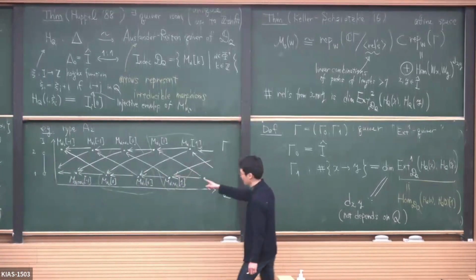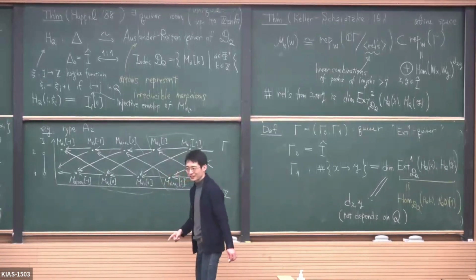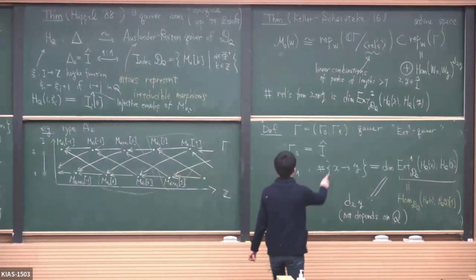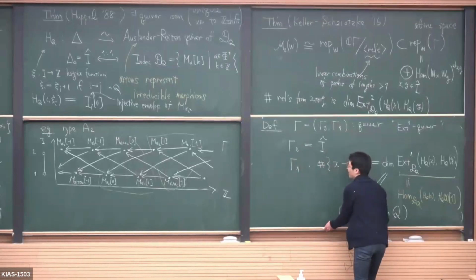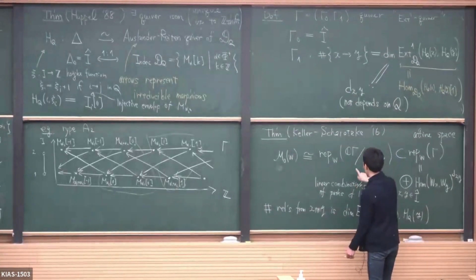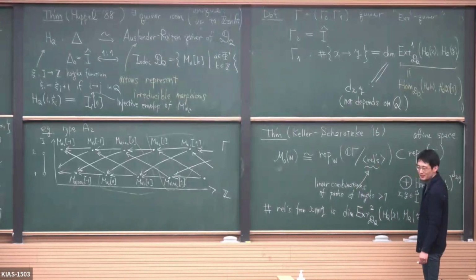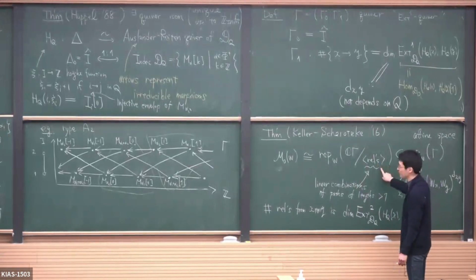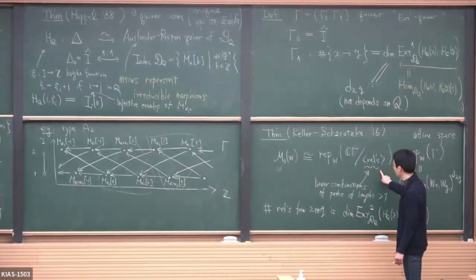So let me show this in an example. This is a closed subvariety of this affine space, and the defining equation for this closed subvariety is given by this relation.